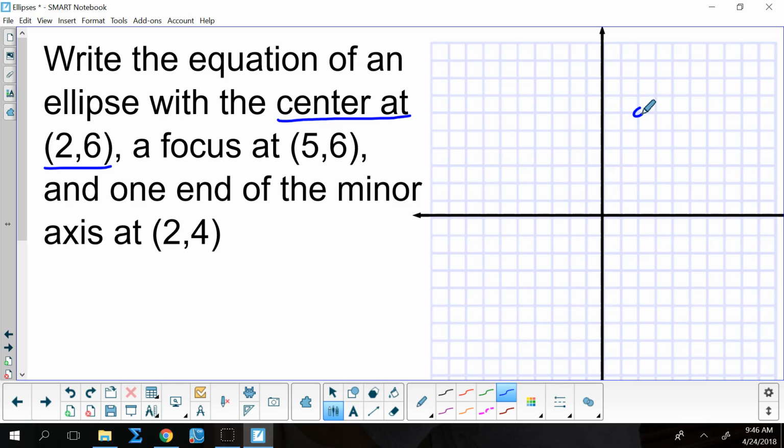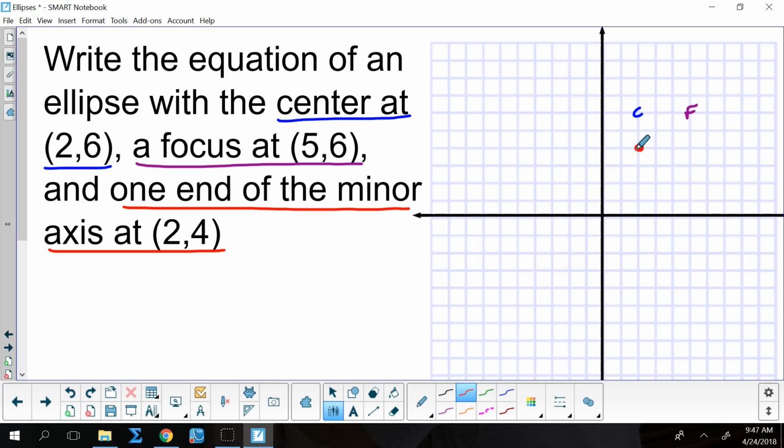This tells me that I have a focus at (5, 6). This tells me that one end of the minor axis is at (2, 4). So that's the information that I am given.